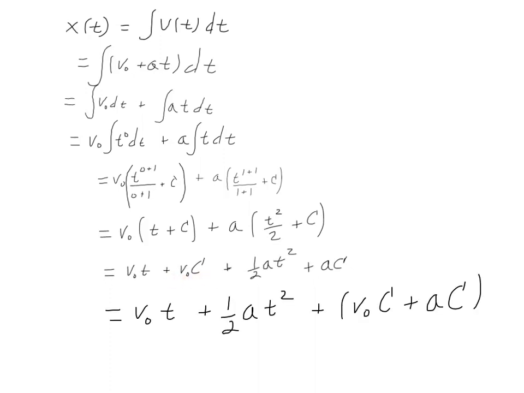In integral calculus, we group the v naught c and the ac together, and then we call everything in the parentheses c, because remember, c can be any number, and v naught c plus ac is still any constant c, and we also call that c. Is that funny? I think that's just funny.